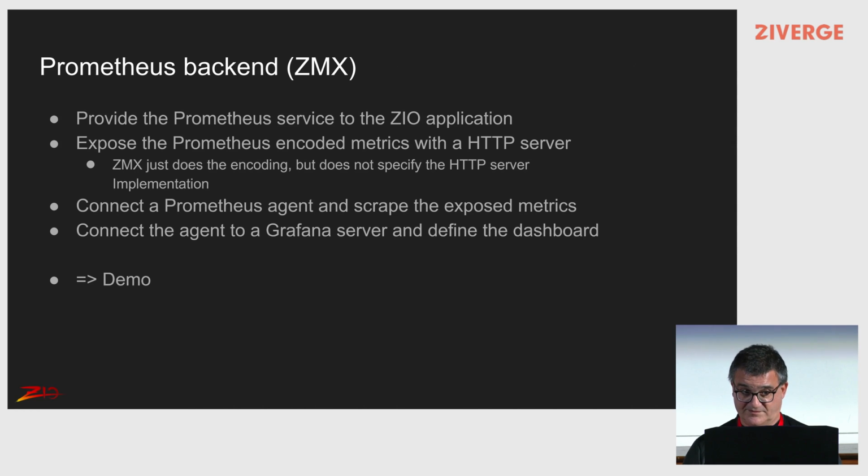Therefore, ZMX only contains the encoding, and users would have to choose either ZIO HTTP as soon as it has a ZIO 2 implementation, or at the moment we are using UZ HTTP, or any other HTTP server. Any other form of exposing our HTTP document to the outside world would also work.